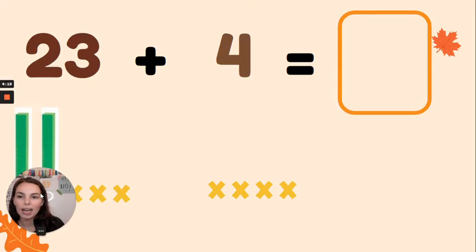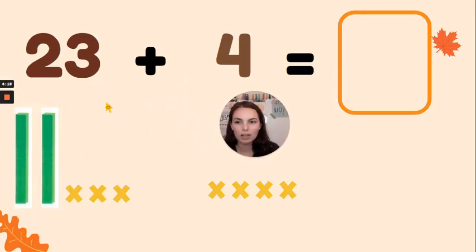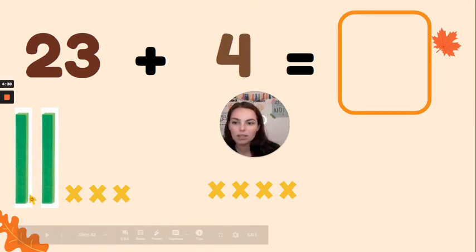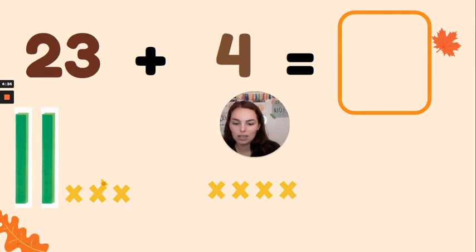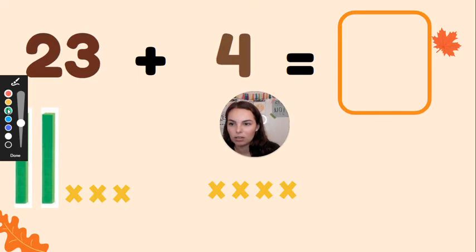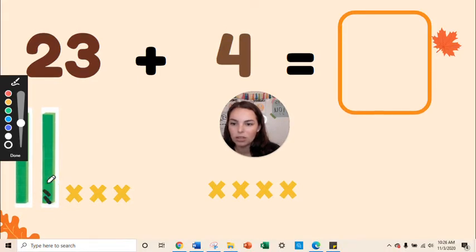So let's look at this problem right here. 23, bigger number, plus 4. So it's going to take me too long to draw 23 dinosaurs. So remember we talked about our base 10 blocks. The sticks represent 10 little blocks. Let me show you by drawing this out. Okay, get my marker. This is 1, 2, 3, 4, 5, 6, 7, 8, 9, 10.